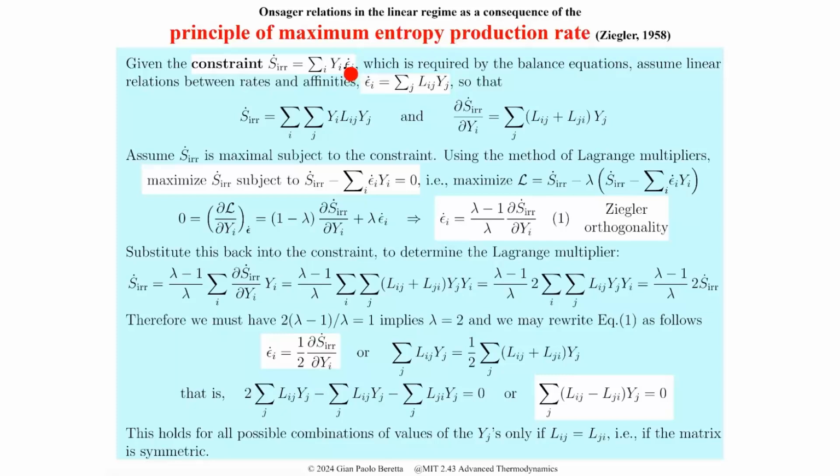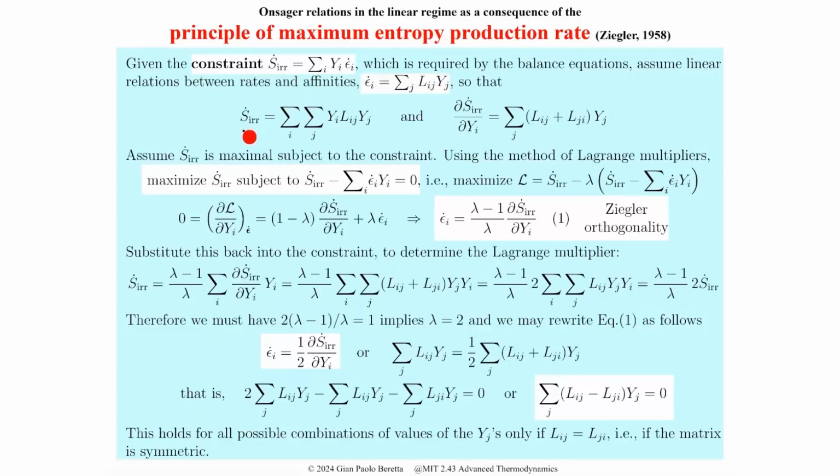And then we make an assumption like we did before, where we want a theory in which the rates are linearly related to the affinities. So we want a linear theory.